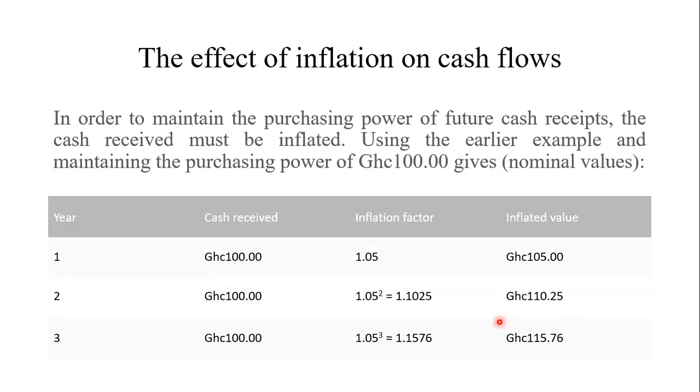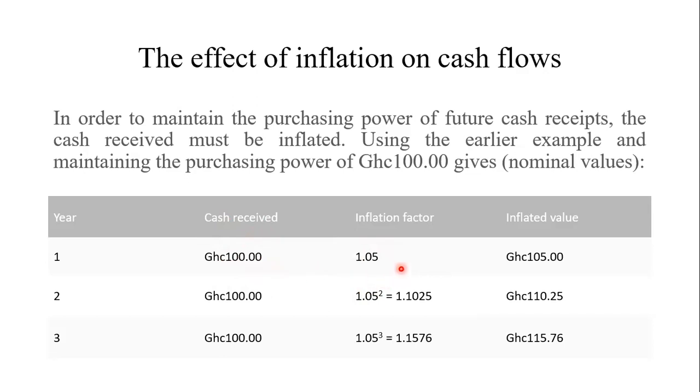Now, the reverse is that if you are asked to inflate figures or cash flows from current values to future values, this is just going to be the reverse, by applying the inflation factor.